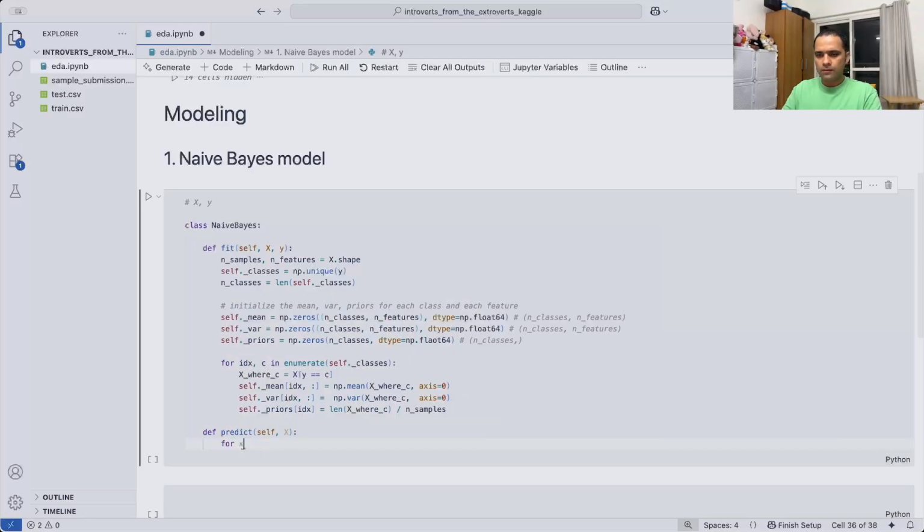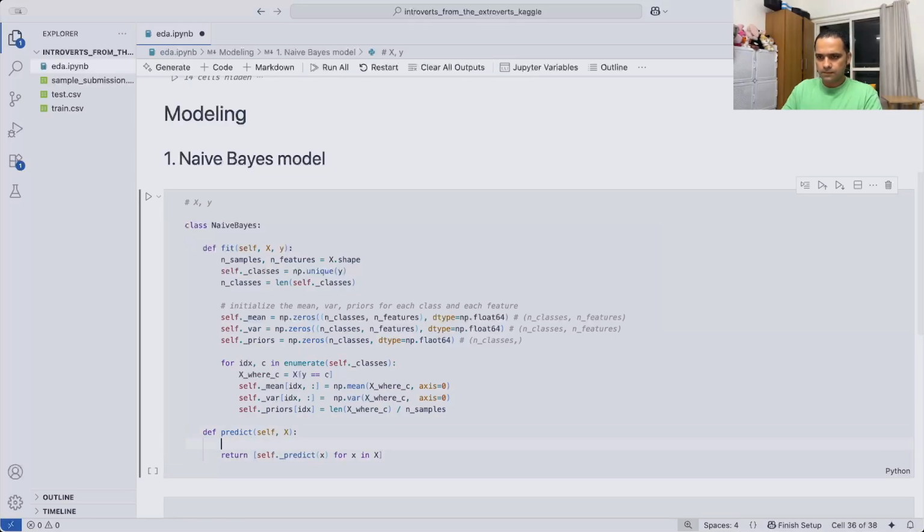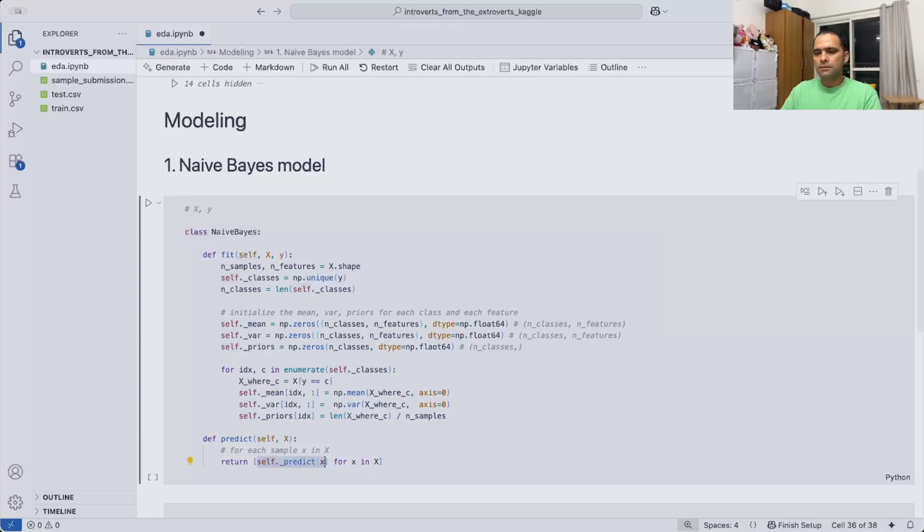So for x in X, we call self dot underscore predict on x, so each self dot predict call for each sample, each sample x in X will get a prediction, basically a class for each of those.